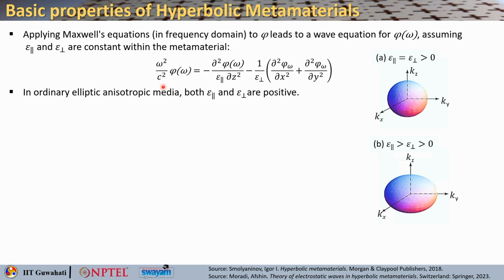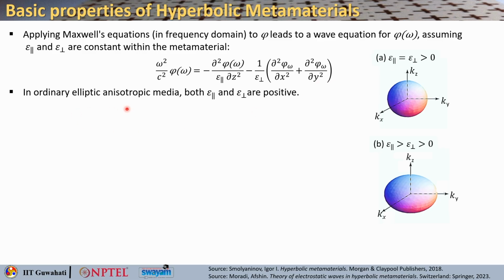So, you can write omega square by c square phi omega equals minus 1 by epsilon parallel dou square phi omega by dou z square minus 1 by epsilon perpendicular dou square phi omega by dou x square, plus dou square phi omega by dou y square. It is a typo in the slide for the x term, okay.